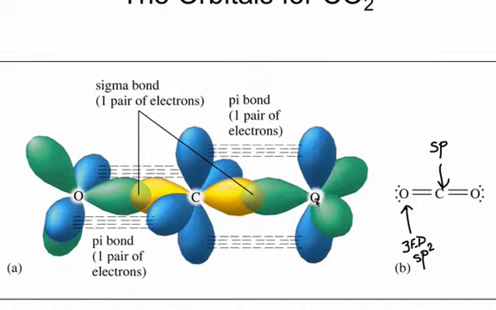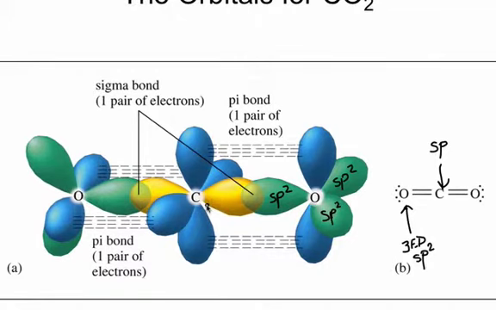So looking at one of these oxygens, sp2 has 3 electron domains, 3 orbitals, and that's what these greens are right here. This is an sp2, this is an sp2, and this is an sp2. And that's true for the other greens over here.